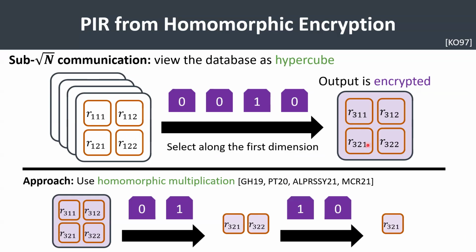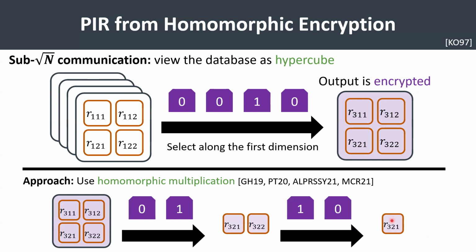So I can repeat the same protocol we had before. I can send you an encryption of which row my record is within this cube. And then that will project it to a single row. And then I can say, okay, within this particular row, my record lives in the first column. And so now I get a projection again, I do multiplication, and suddenly I only end up with the record I'm interested in.